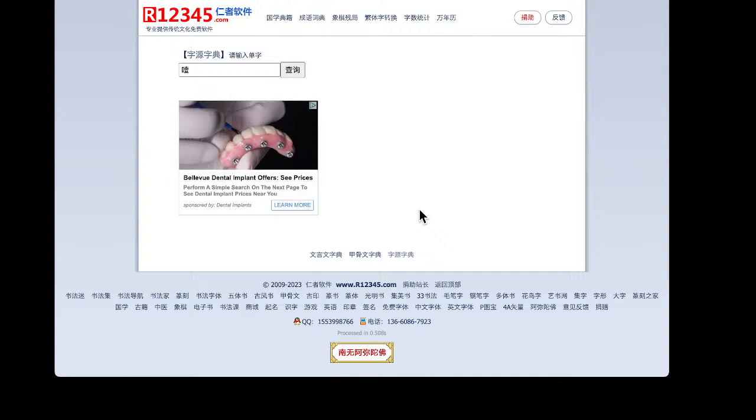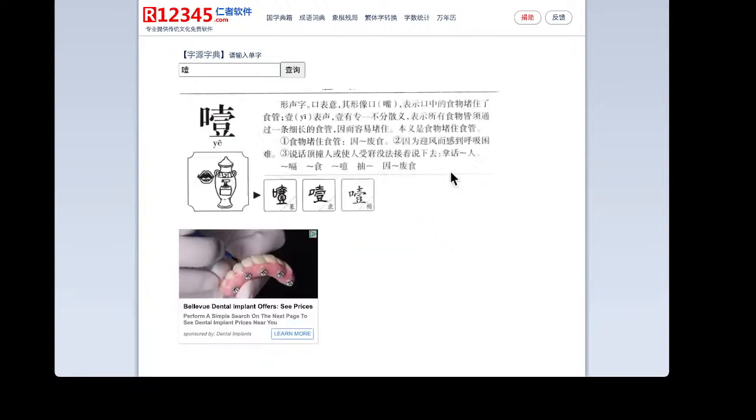So let's take a look at this character. So of course it holds a mouth radical over there. And now on the right hand side is the character 壹. Remember this 壹 is used for writing checks, right? For one. So 壹 has the meaning of focused, united, like single one.